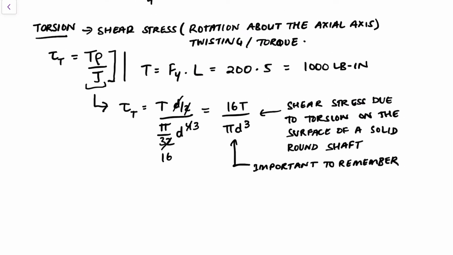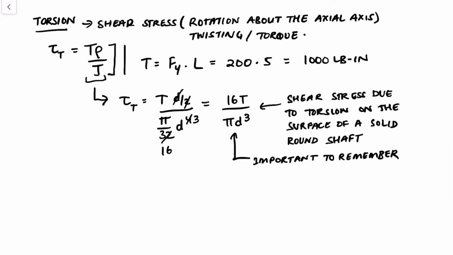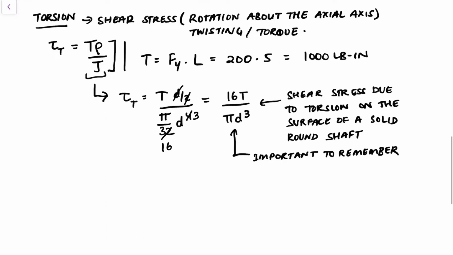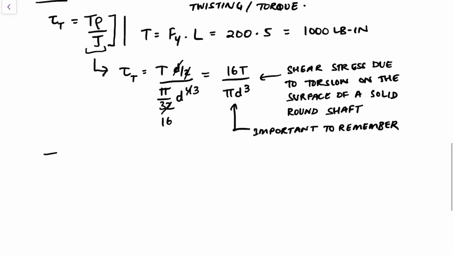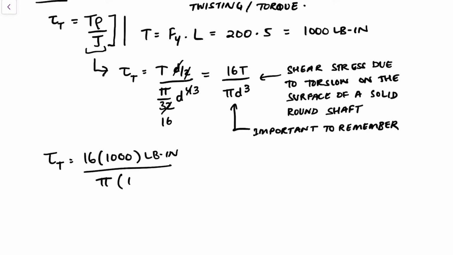Okay, so now that I know T, I know d, I can figure out what the shear stress due to torsion is, and that is tau T is equal to 16 times 1000. Again, this was in pound-inches, divided by pi d cubed, and the diameter of the rod AB is 1 inch, right?